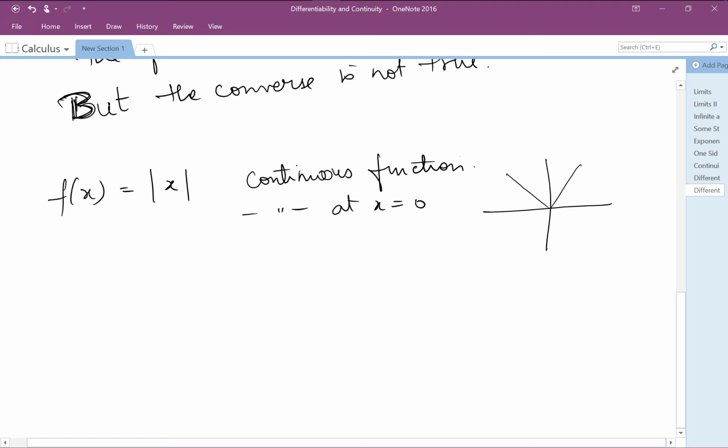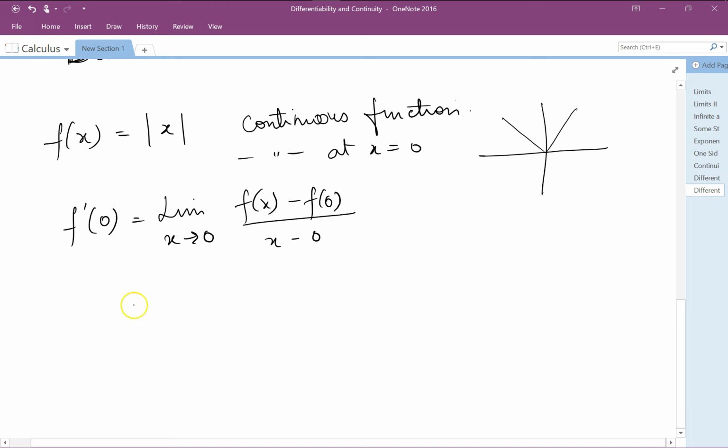Let's differentiate it at x equal to 0. So f prime of 0 is equal to limit as x approaches 0 of f of x minus f of 0 by x minus 0. Now let's look at when x is greater than and when x is less than 0. So f of x is equal to absolute value of x is equal to x if x is greater than or equal to 0.